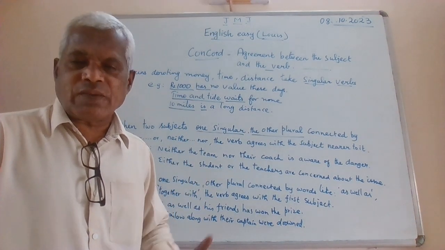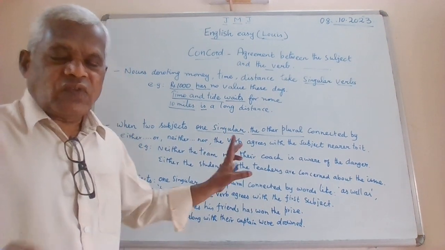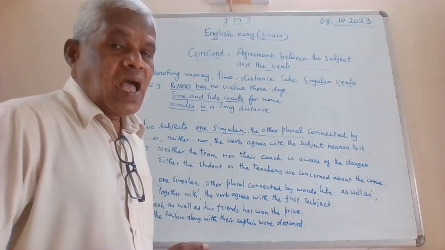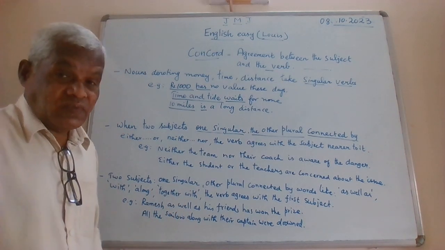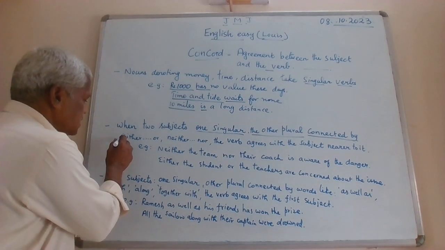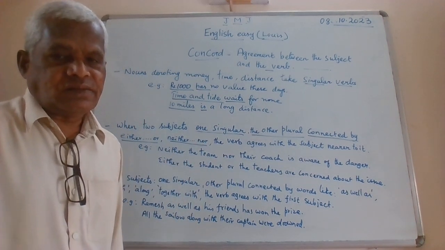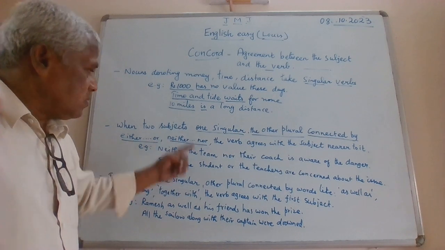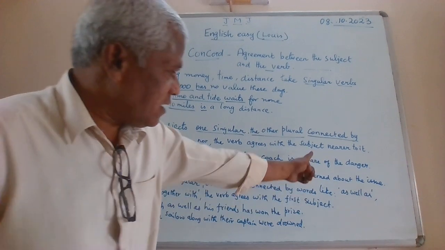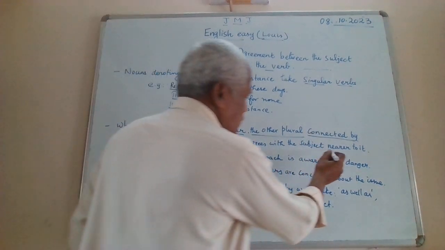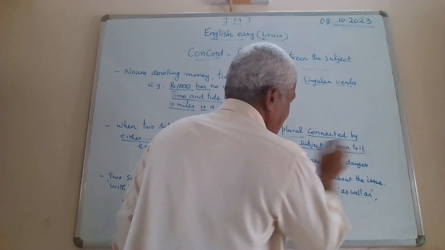Try to remember that. So if you have subjects like this in a sentence, and if they are connected by these connectors or linkers, either or, neither nor, the verb agrees with the subject nearer to it. This is most important. The verb agrees with the subject nearer to it.